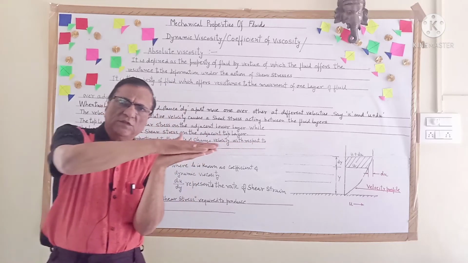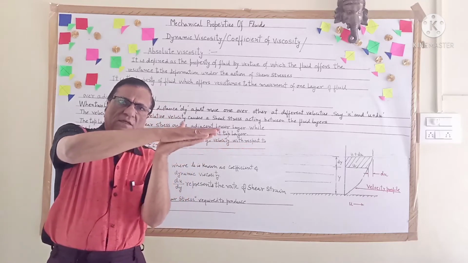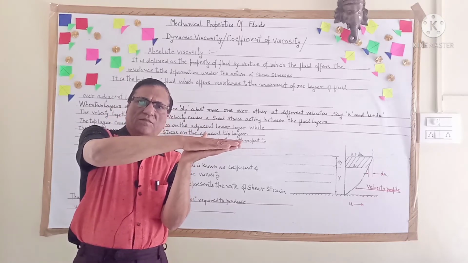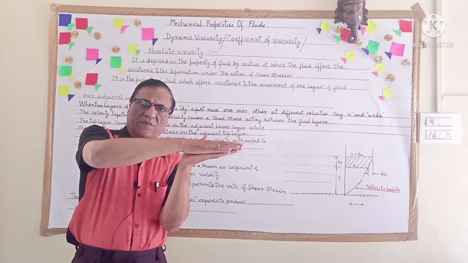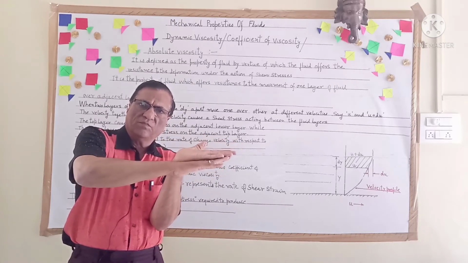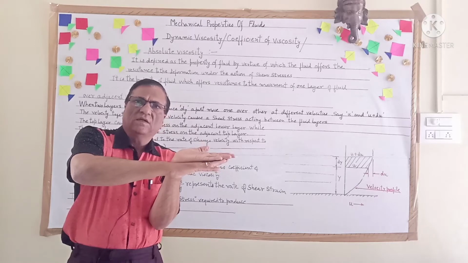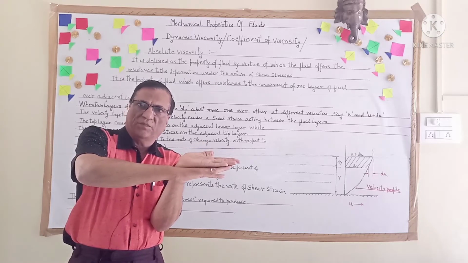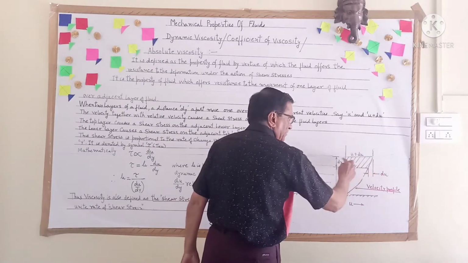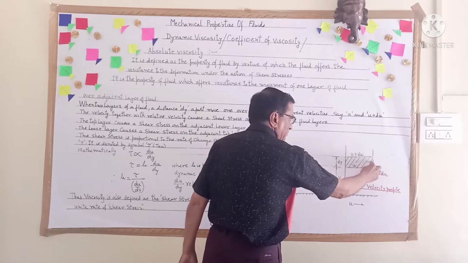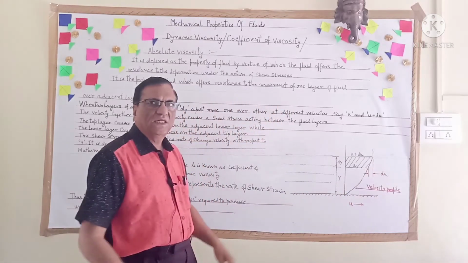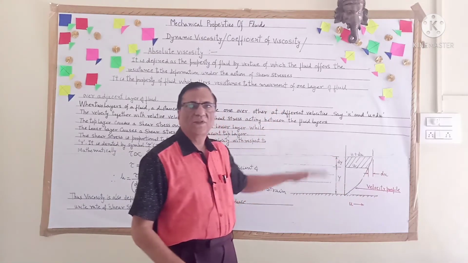The top layer is moving with higher velocity and lower layer moves with lower velocity, and this adjacent layer to the lower layer will move still with lower velocity. In this way, the velocity here at the top is maximum and gradually reduces to 0. That is due to the shear stresses offered between the layers.